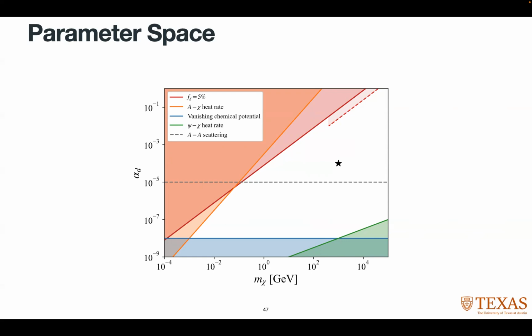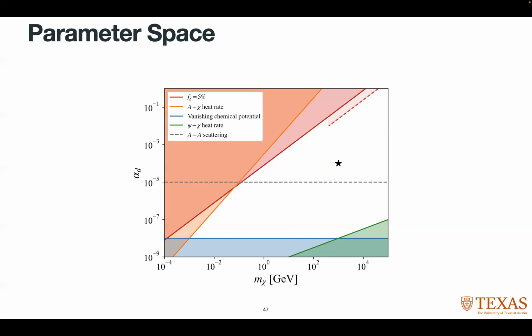I was wondering whether your model would give rise to a boosted dark matter in the universe. Now I guess the chi is very large.